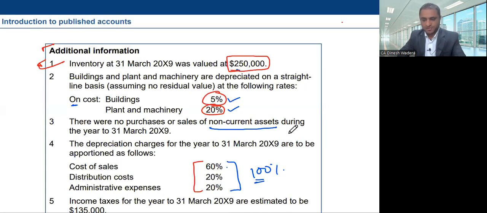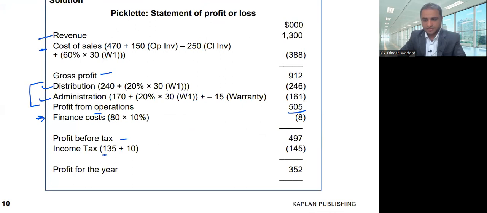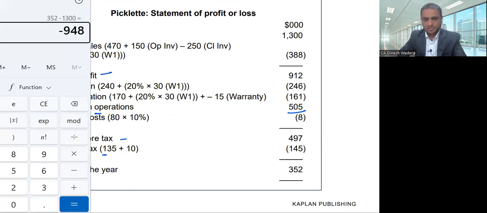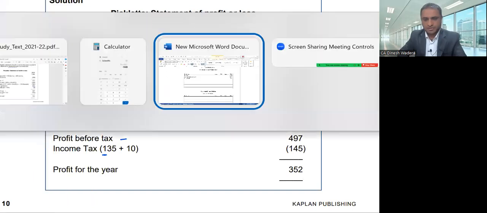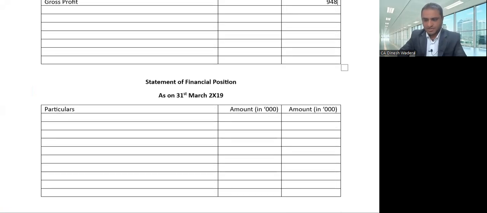Check carefully if you have missed something. No, depreciation should be included in the cost of sales. 470, 250, 80. Did I make some wrong calculation?